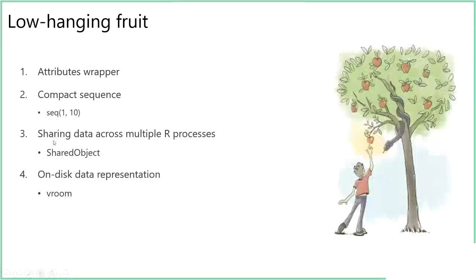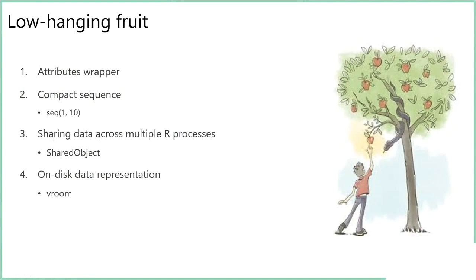And then the third, sharing data across multiple R processes. Because the payload does not have to be from memory, does not have to be from your R process, you could put the payload into the shared memory space, and each R process only has a header.